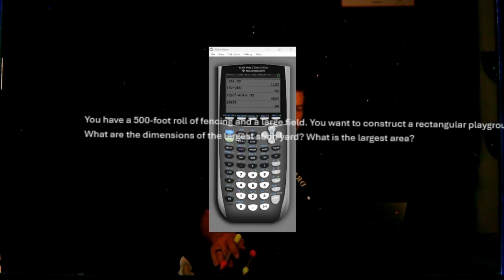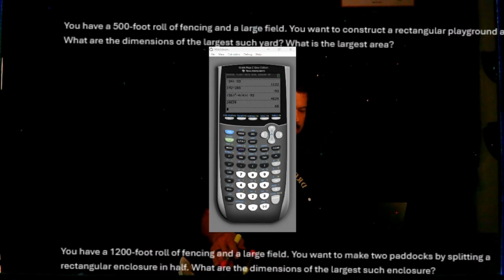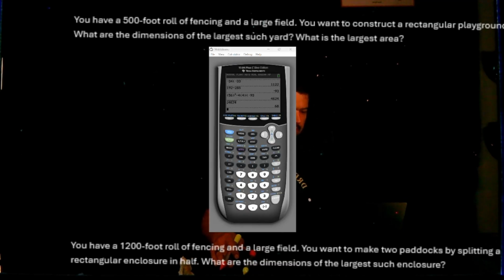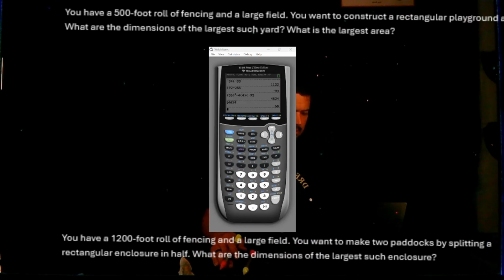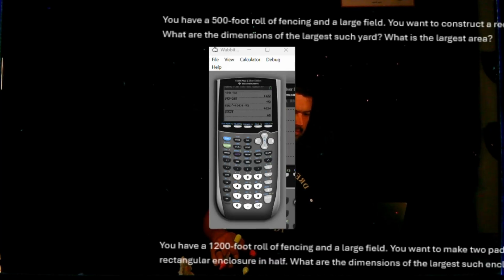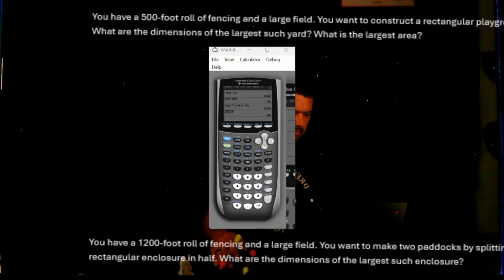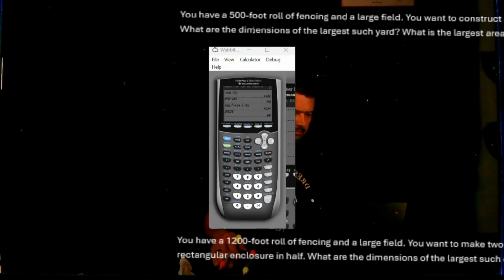And moving on with our lives here. You have a 500-foot roll of fencing and a large field. Come on, I want you out of my way here. Calculator does not want to move, does it? This is where my software usually crashes on me.